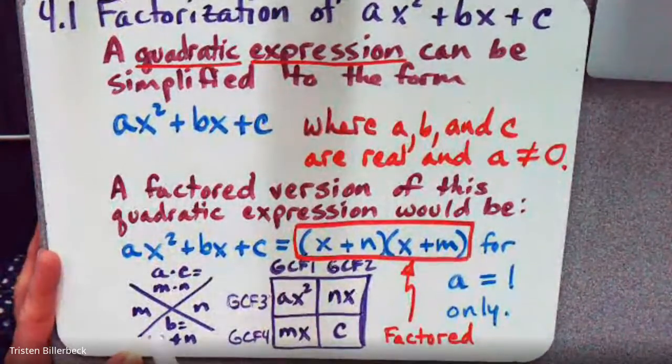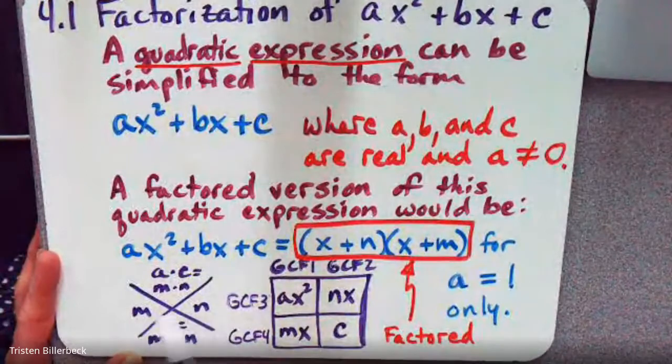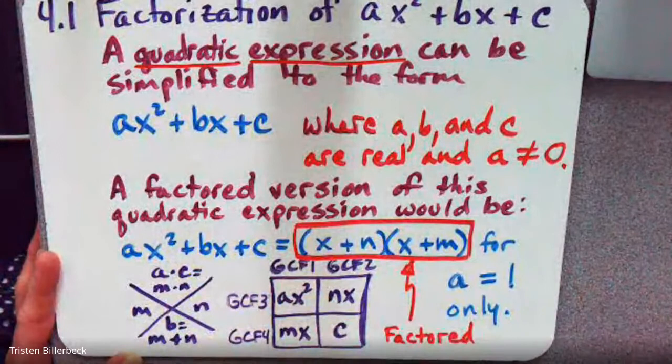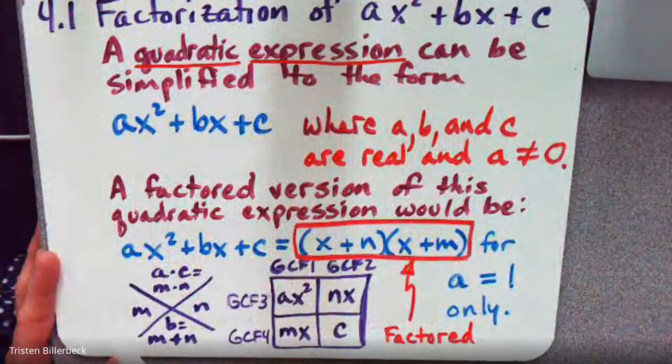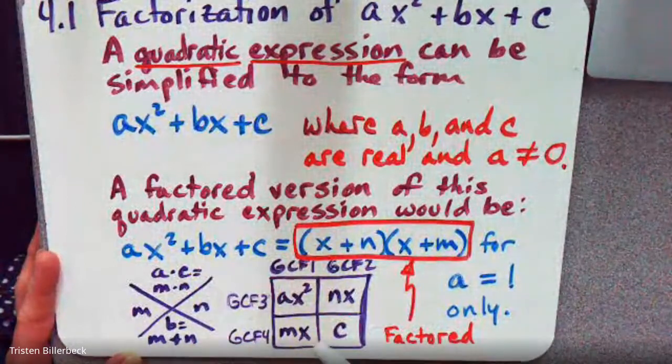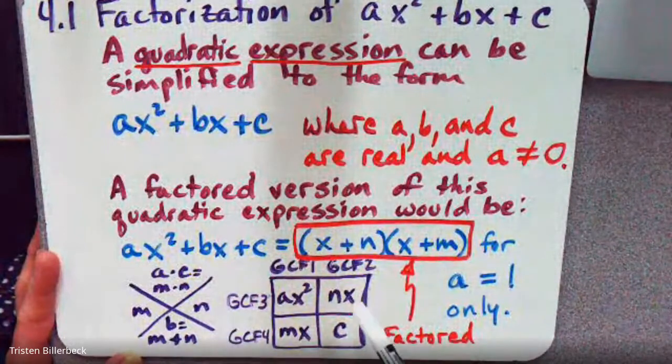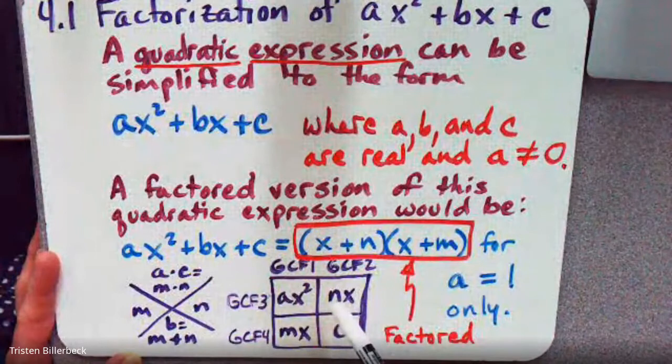Then m and n would be the two diagonals or sides of the diamond, because this is called a diamond box. So m and n are very important here. So m becomes this diagonal, mx, n becomes this diagonal, nx.